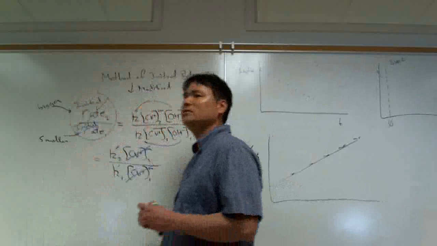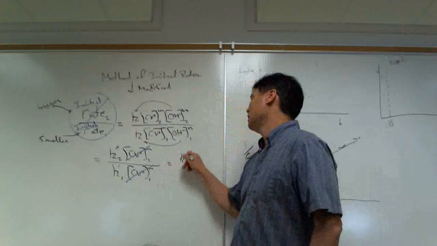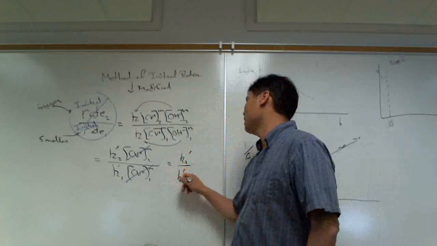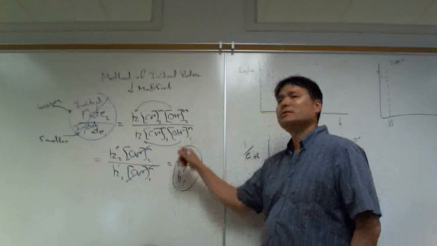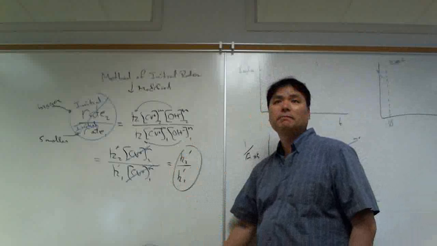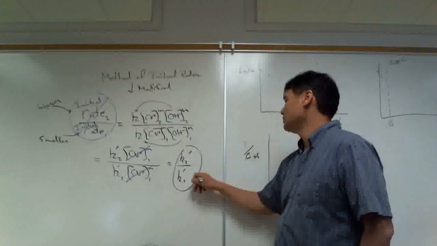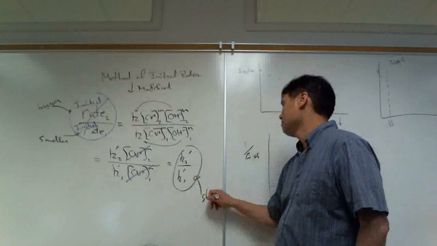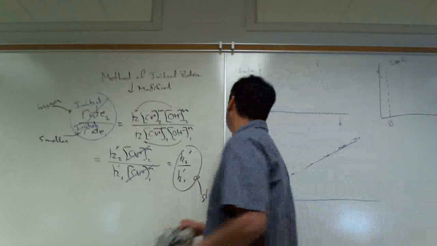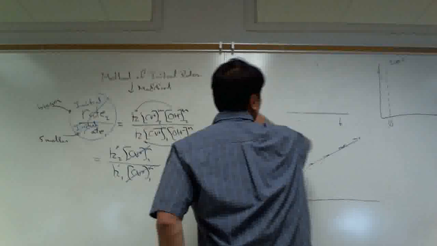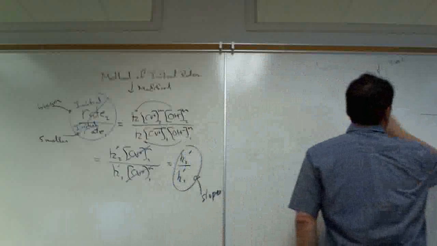Instead, we're going to use the ratios of K2 prime over K1 prime. But where do we get these from? Well, these come from the slopes of the graph. Remember our K analysis?